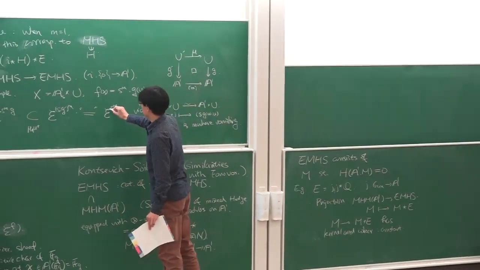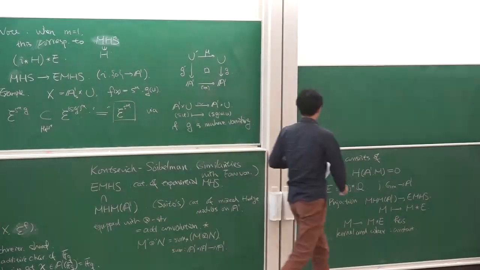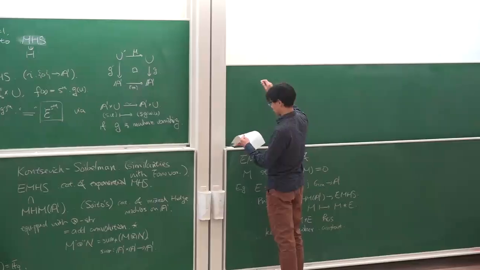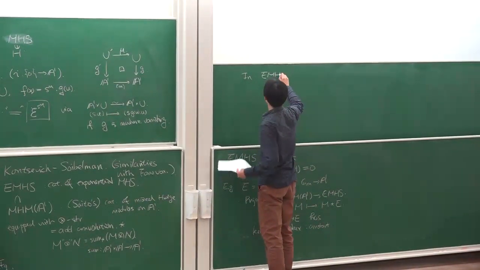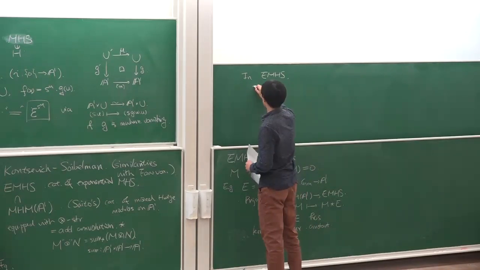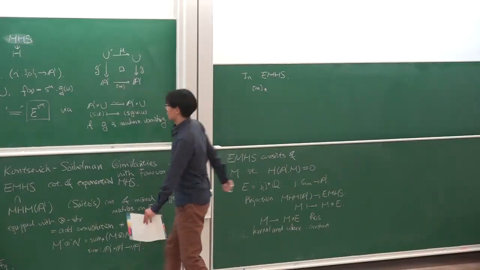So what's really essential is just this part on A1. And also in this category of exponential mixed Hodge structures, you reduce your case to this one.